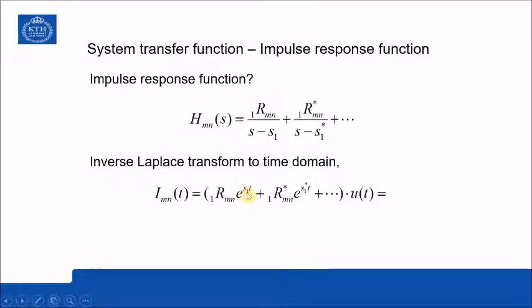So the poles appear as exponents and the residues appear as multiplying factors. Then of course we have this complex conjugate term that adds to the original one here. Making use of these complex conjugate terms, we can sum them and obtain 2 times the real part of each pair of terms. The function u here is simply the Heaviside function.